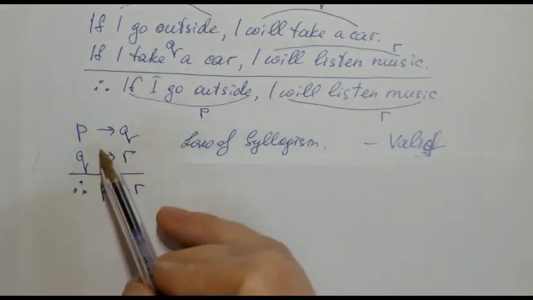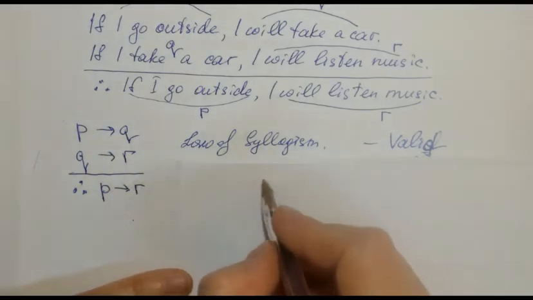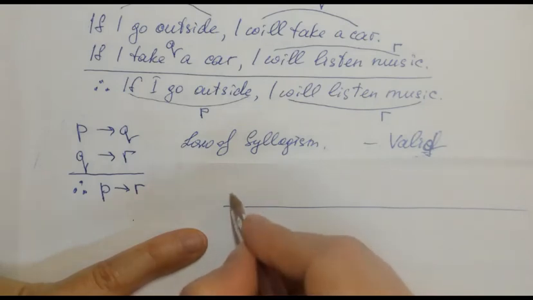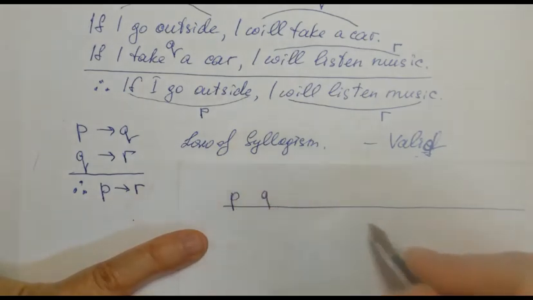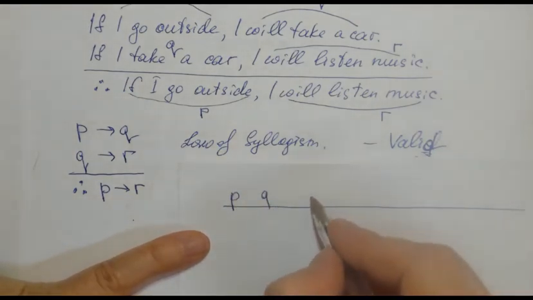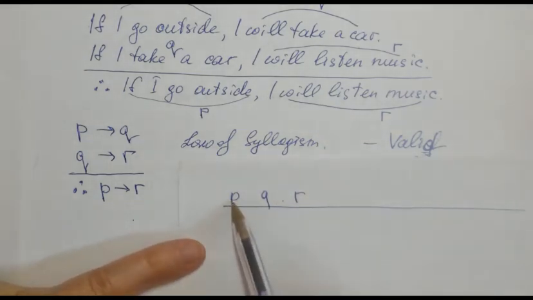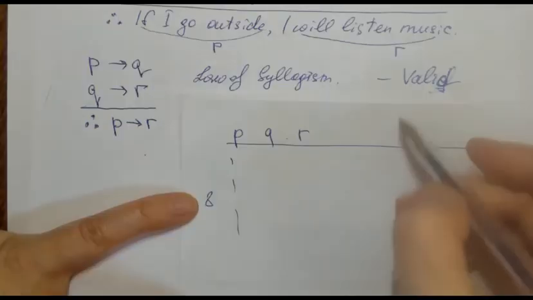So in the truth table we will have to construct, we start with the columns for P and Q, and R also. If we have three variables, then we will have 8 lines.